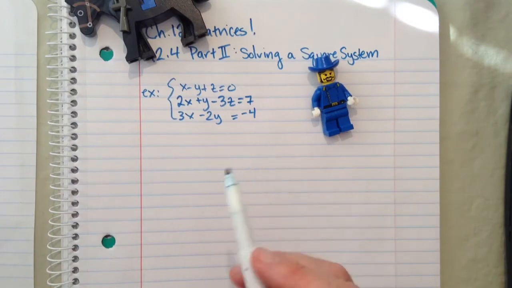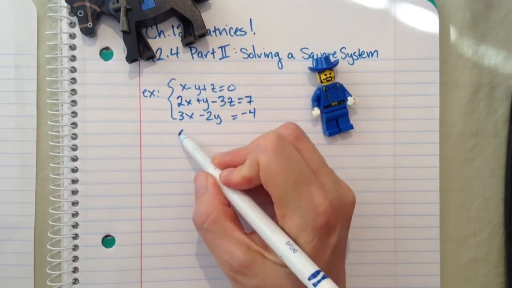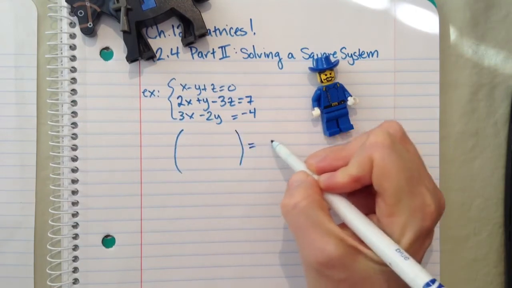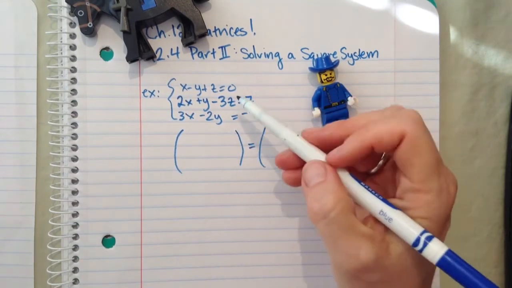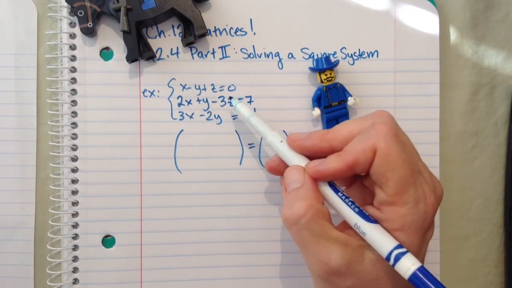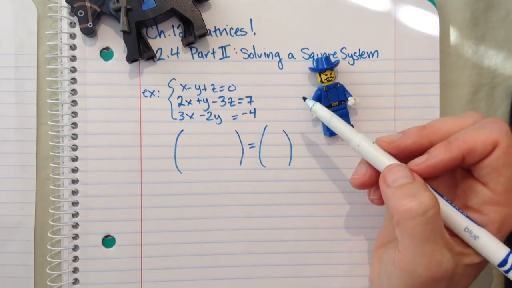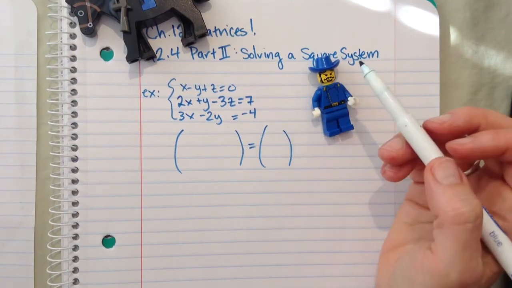All right, so what we're going to do is think about this system as actually two matrices. Way back in 12.2, we would solve this system by making an augmented matrix that held all the coefficients and all the constants. Then we would find the RREF of that matrix, and that would be our solution.